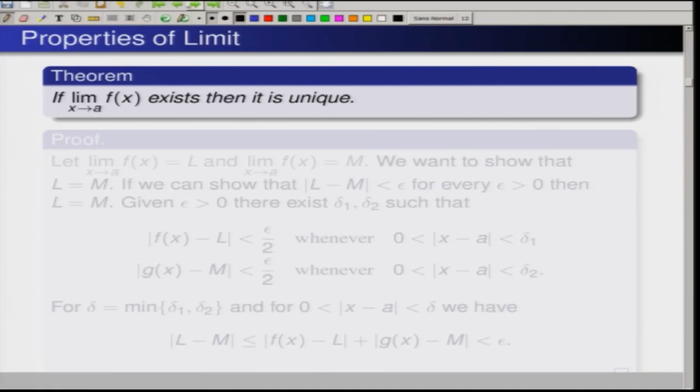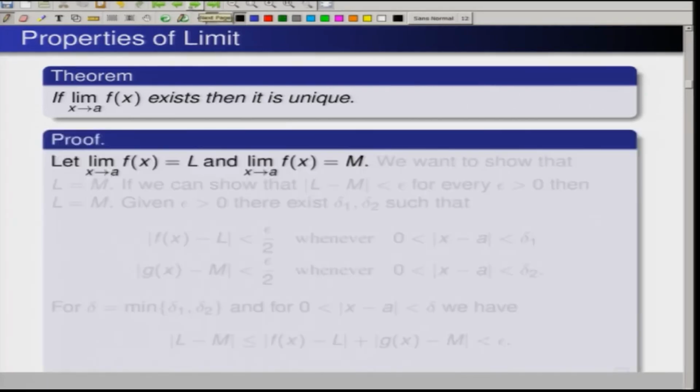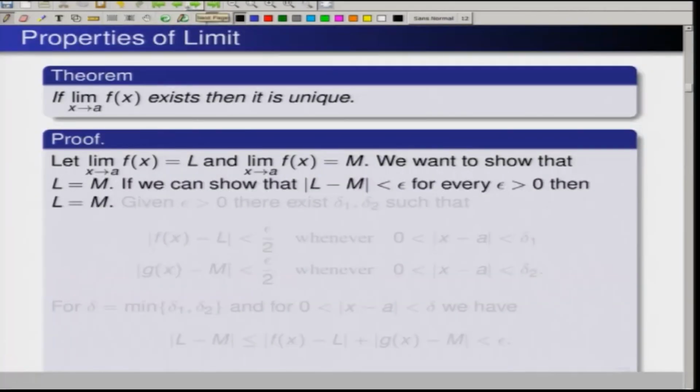Suppose not. Therefore, suppose the limit of f(x) as x goes to a is equal to L and the limit of f(x) as x goes to a is equal to m. Then what do we want to show? L is equal to m. If we can show that for any epsilon you give me, |L − m| is less than epsilon, then L is equal to m.